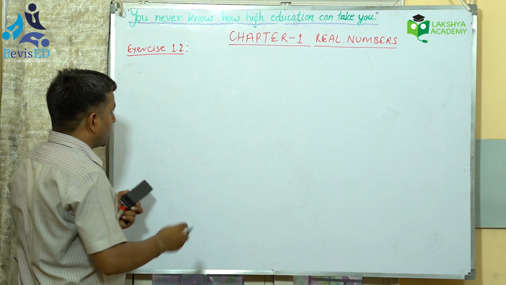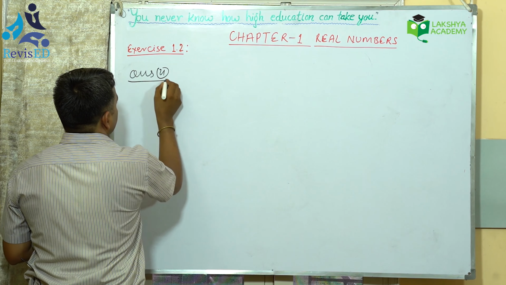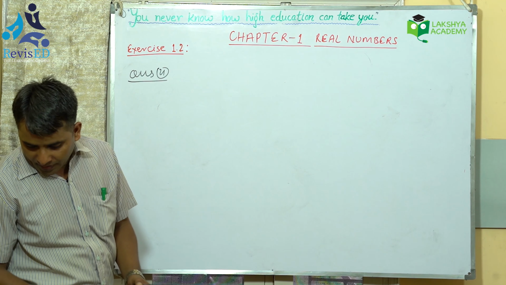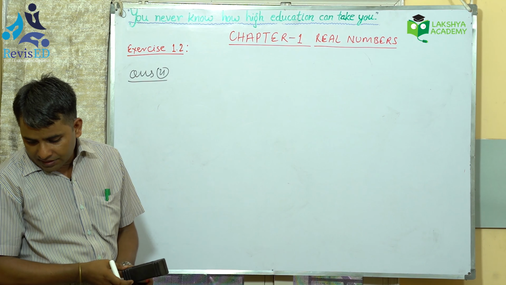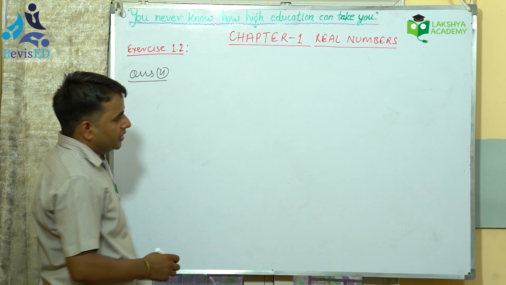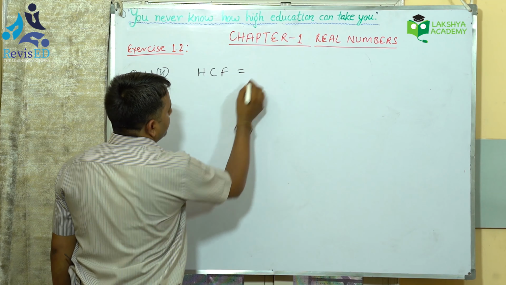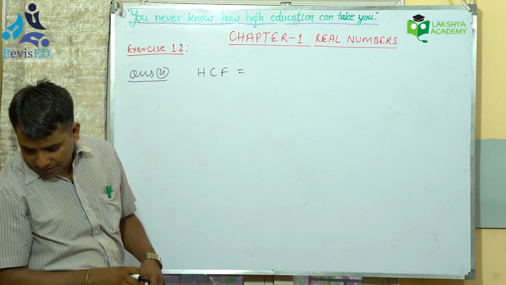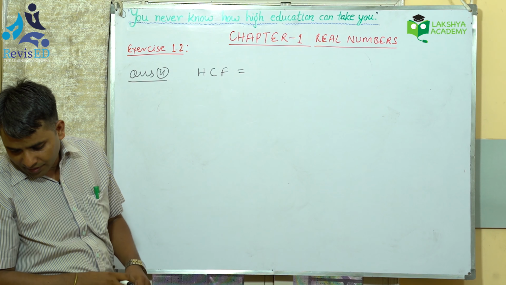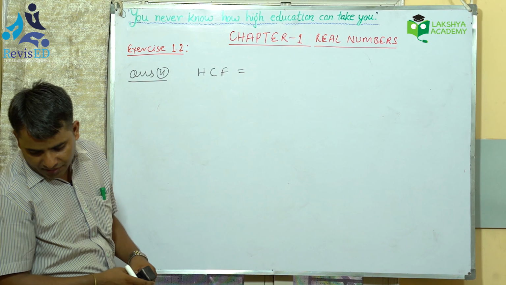Now coming to the important question, question number 4. It is given that the HCF of the two numbers 306 and 657 is 9.